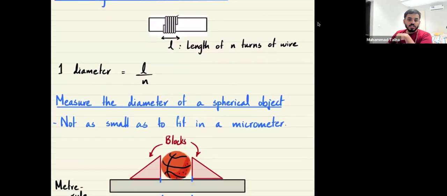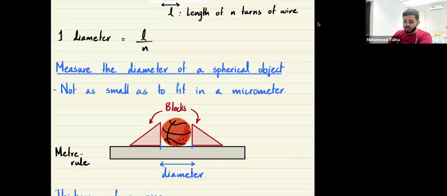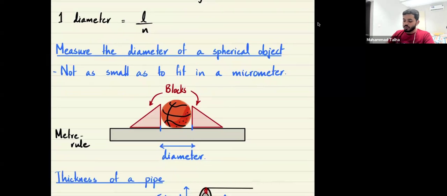So if we are to measure the diameter of a spherical object, in the case that this is not small enough to fit in a micrometer, for example, if we are to measure the diameter of a basketball, we can't do this using a micrometer. So what we do is we place it on a meter rule, and we have some blocks which basically trap that ball in place.